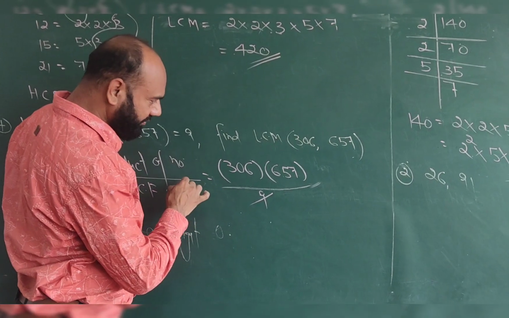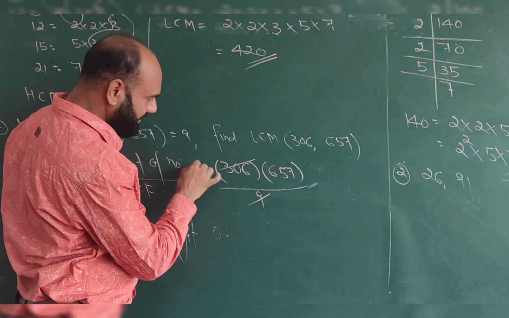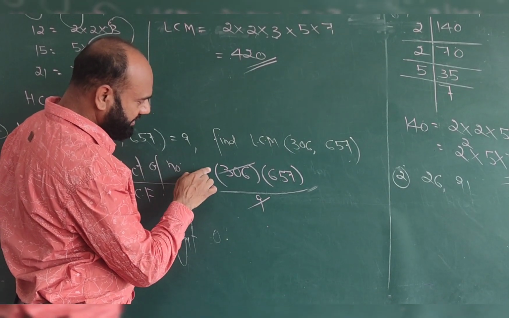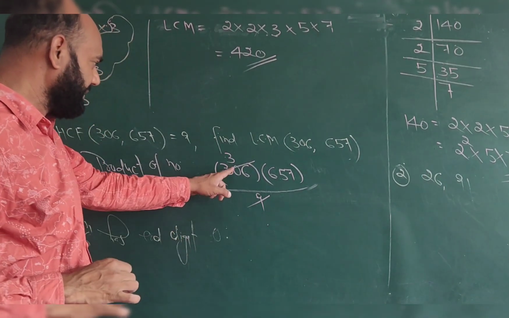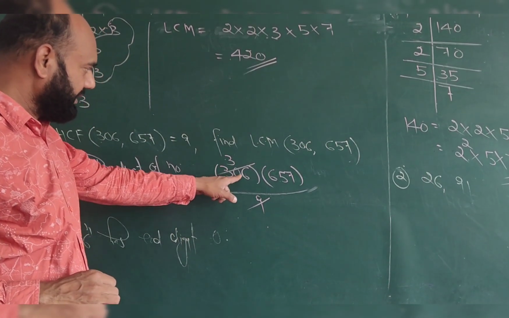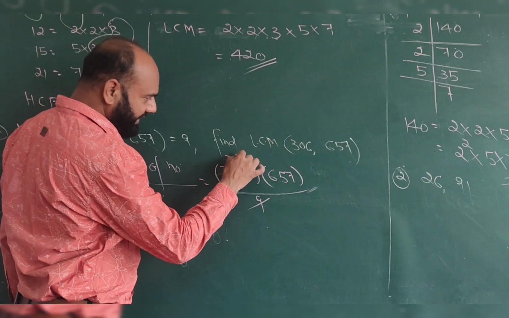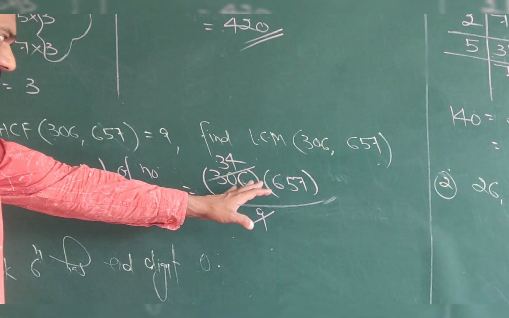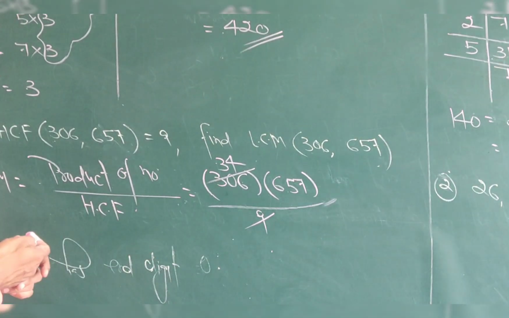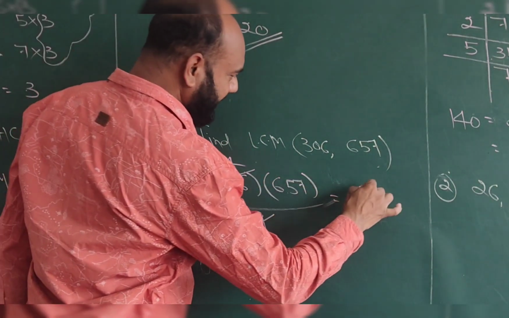So 306 divided by 9, 9 3s are 27, next 9 4s are 36. Now we multiply 34 with 657, and we get the required answer.